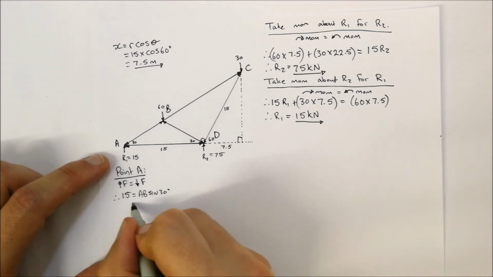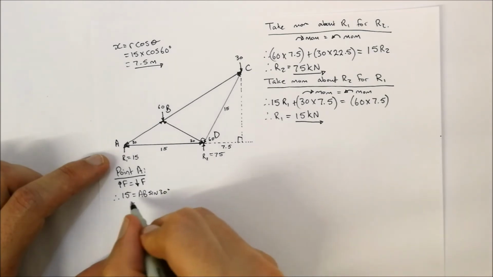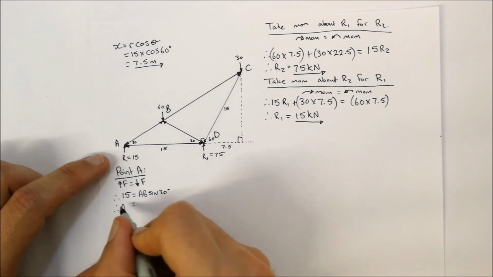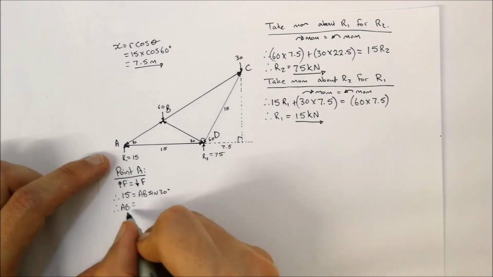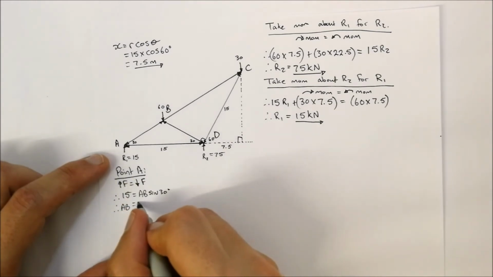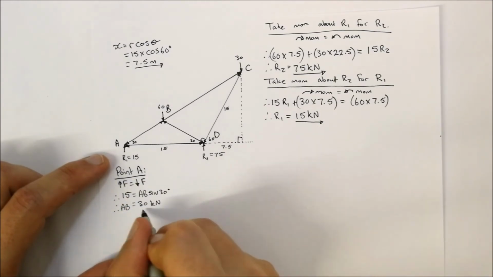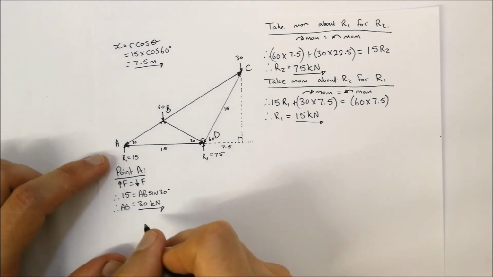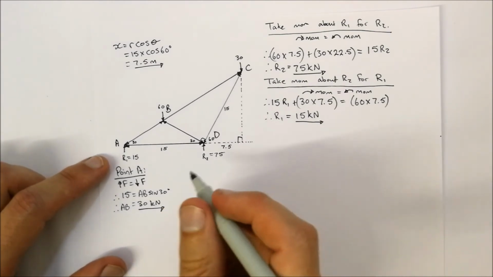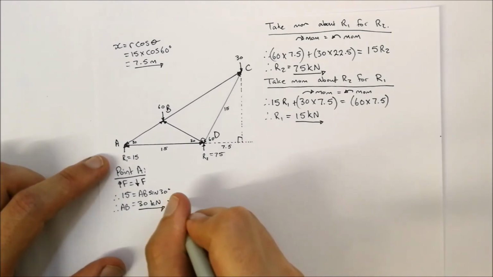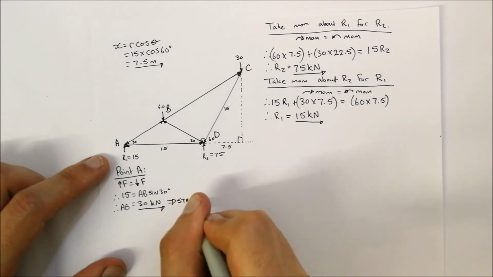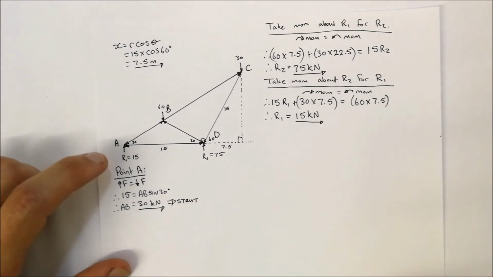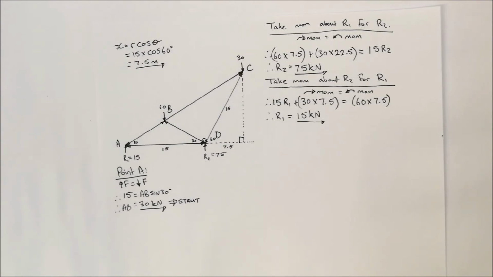If we therefore make AB the subject of the formula, we will find that AB is equal to 30 kilonewtons. It's a positive value, so therefore it's considered to be a strut. You need to indicate if it's a strut or a tie.